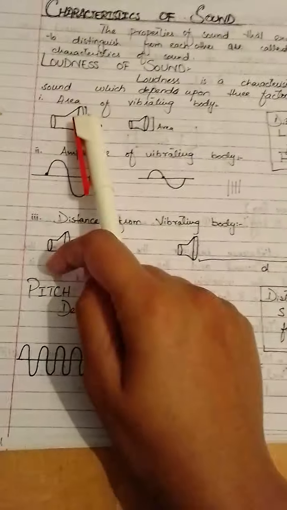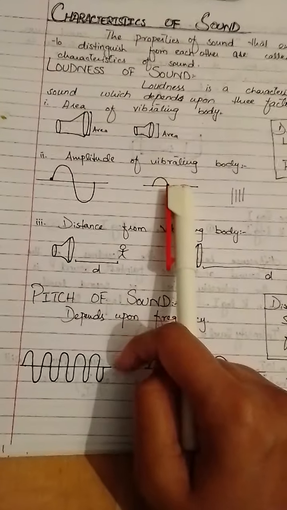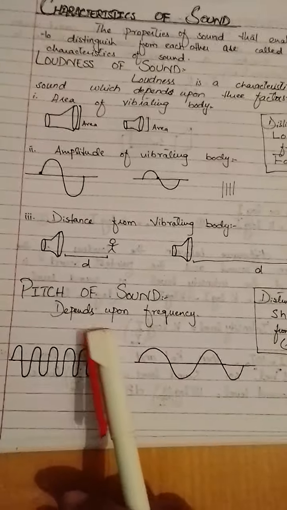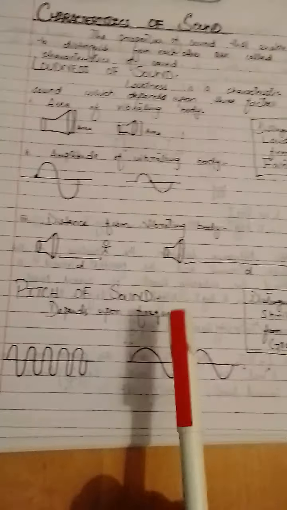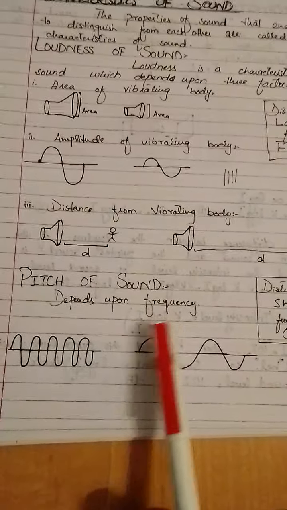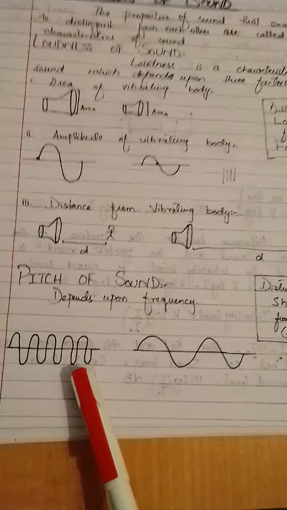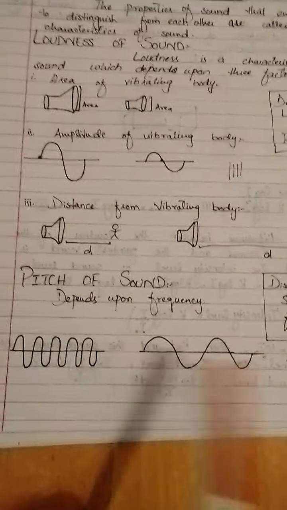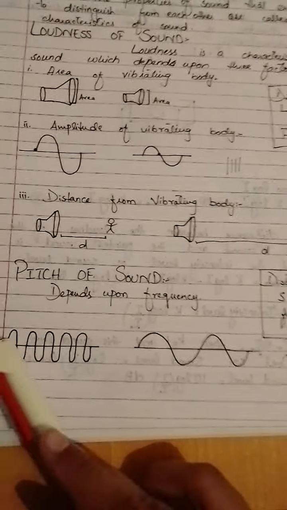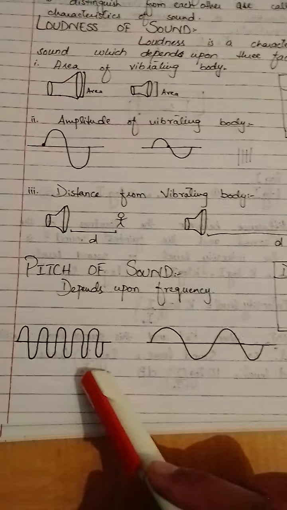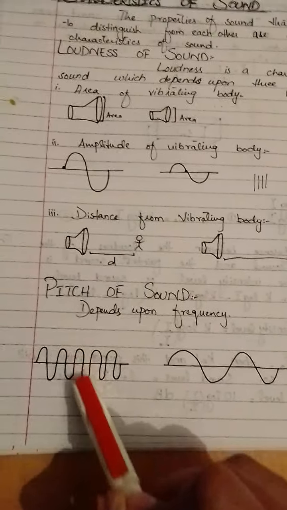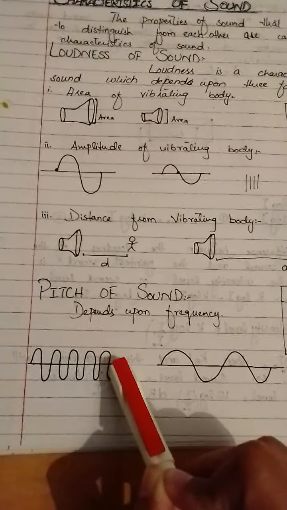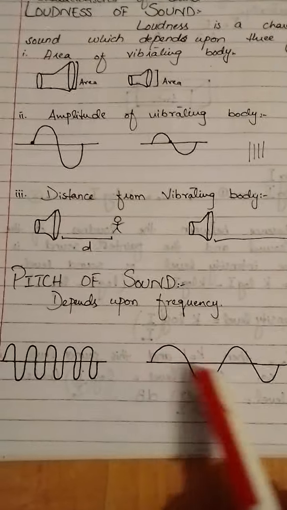As we've seen, loudness depends upon the amplitude of the vibrating body. Similarly, pitch depends upon the frequency of a vibrating body. We've already discussed that frequency is the number of waves passing through a certain area in 1 second. Here we see that this wave has a higher frequency because more waves pass through this area as compared to this wave.